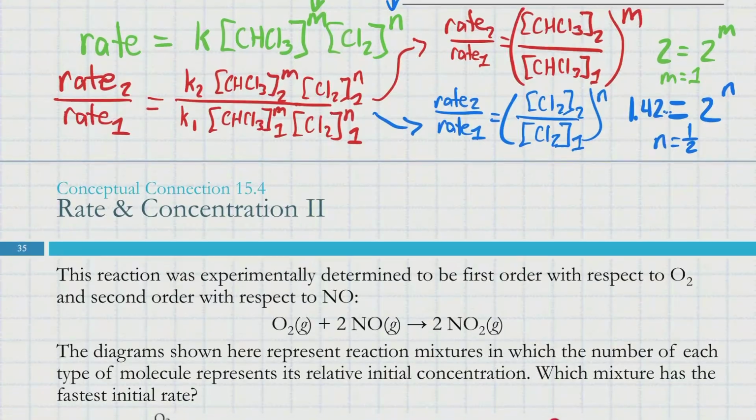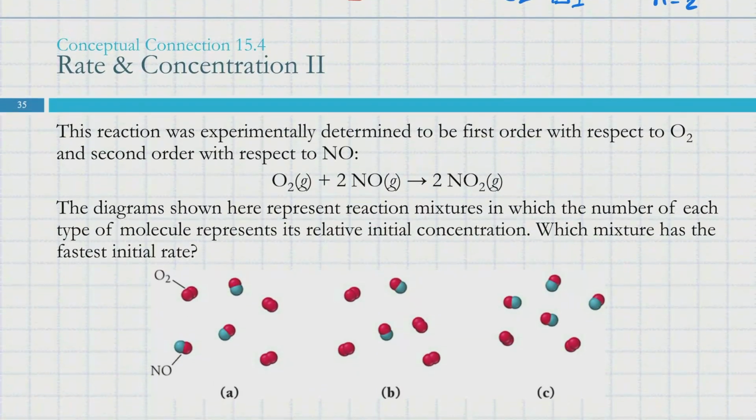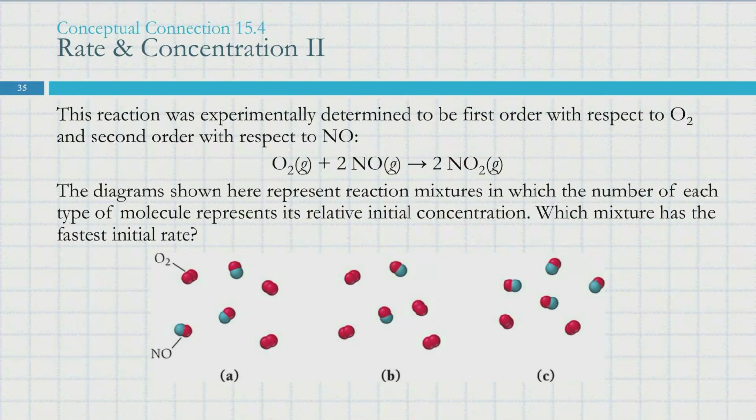Golden. This reaction was experimentally determined to be first order with respect to O2 and second order with respect to NO. The diagrams shown here represent reaction mixtures in which the number of each type of molecule represents its relative initial concentrations. Which mixture would have the fastest initial rate?